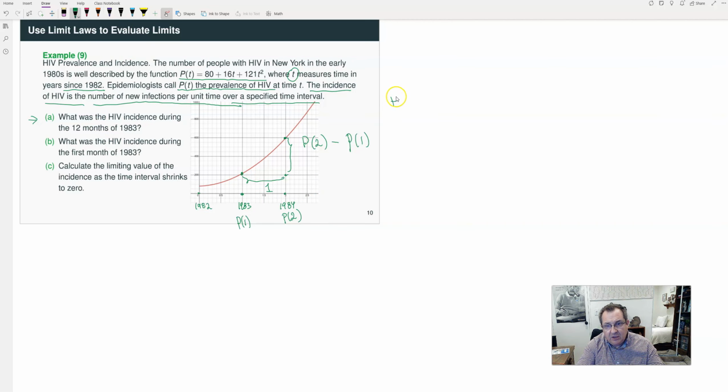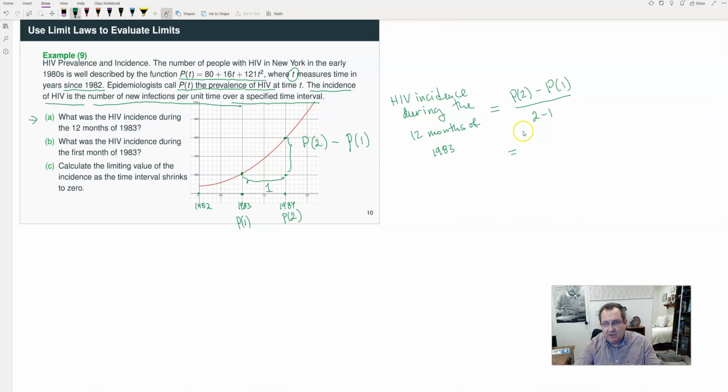So HIV incidence during the 12 months of 1983 can be computed by the following formula. P of 2 minus P of 1 divided by 2 minus 1, which is 1.